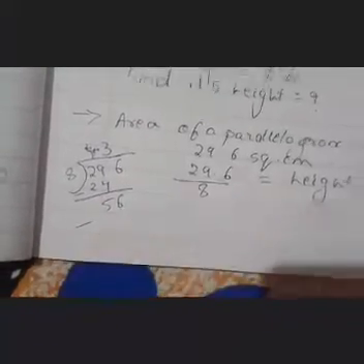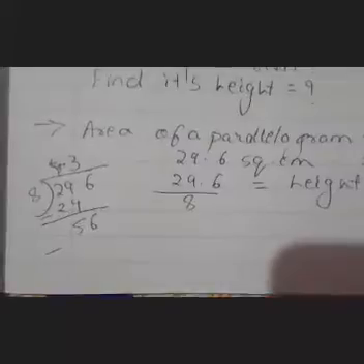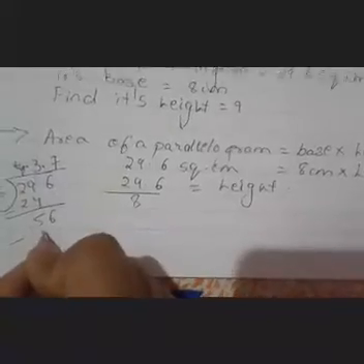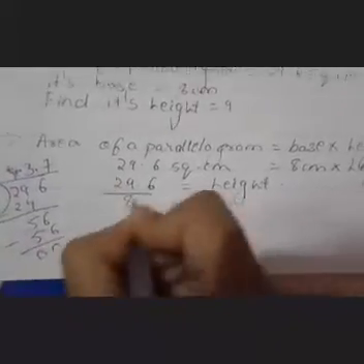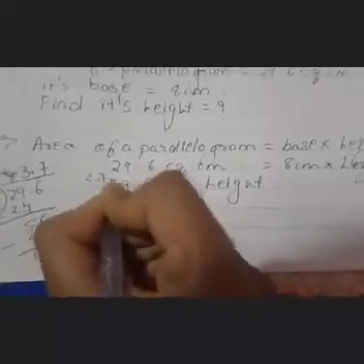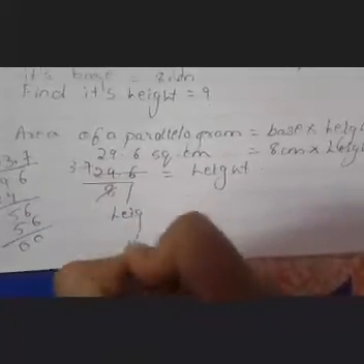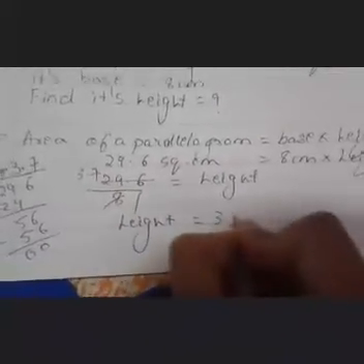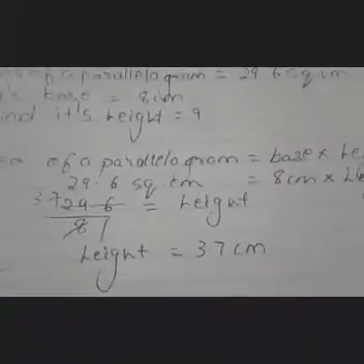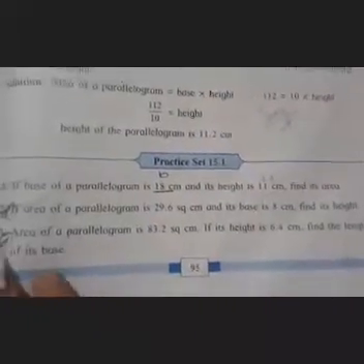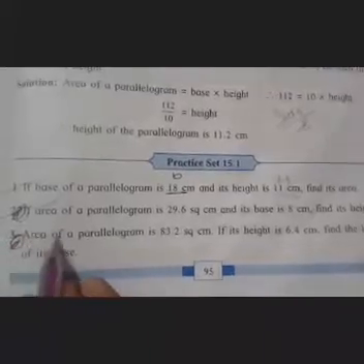Now tell me, 56, 8 how many are 56? Yes, 8 sevens are 56. So 3.7 is the answer. Now 8 ones are 8. So height is 3.7 centimeter. Got everyone?